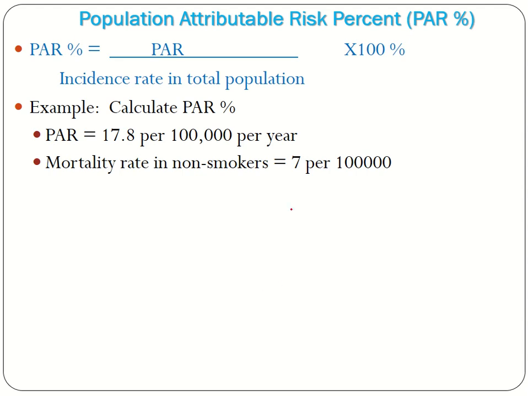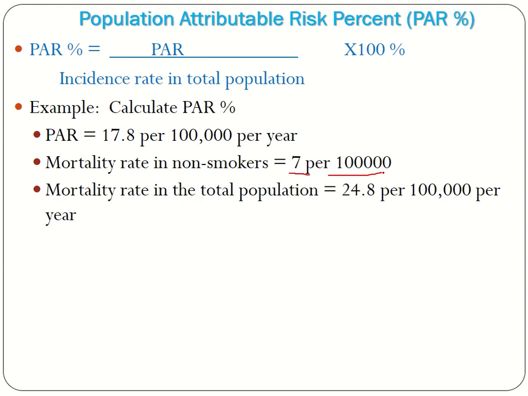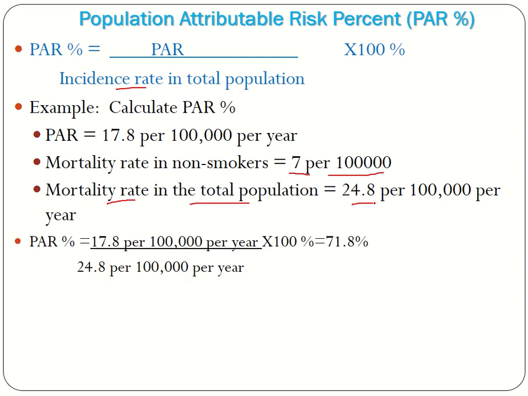What if the mortality rate in non-smokers is given to be 7 per 100,000, and the mortality rate in the total population is 24.8 per 100,000 per year?